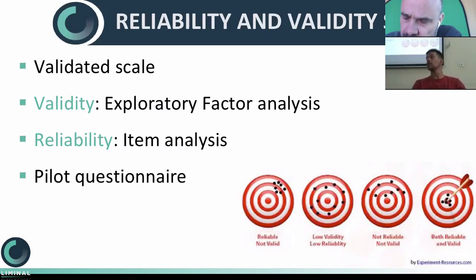Yes, also on the pilot measurement, what percentage of the sample size do you need to use for the pilot measurement? Okay, so the question is, what percentage of the total population do you need to use to pilot the questionnaire, or how many people for the pilot?